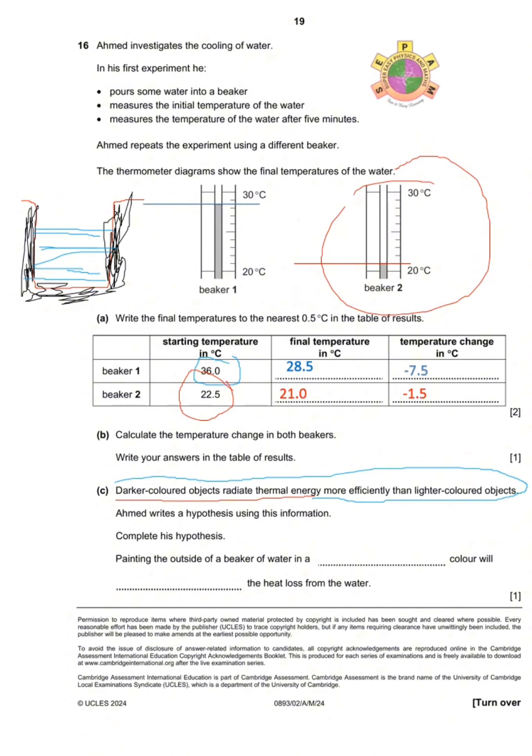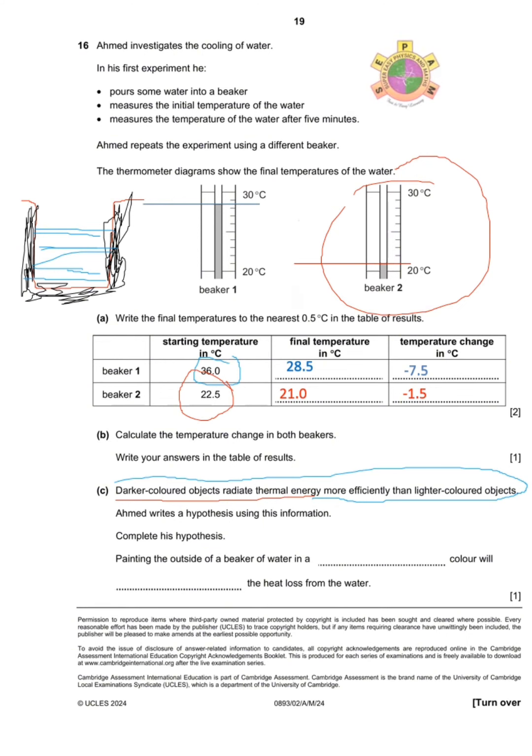Calculate the temperature drop in both beakers. Write your answer in the table of results, this table here. So we've already done that. Now, this is the concept behind this experiment. A dark colored object radiates thermal energy more efficiently than a light colored object.